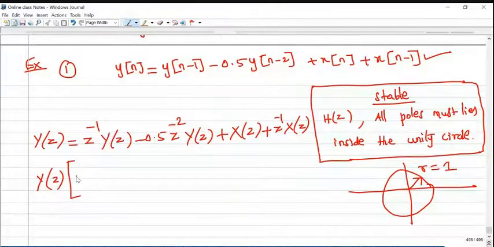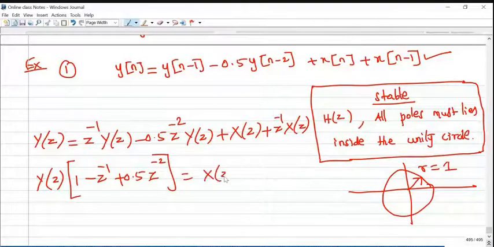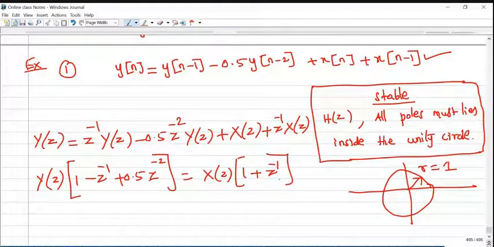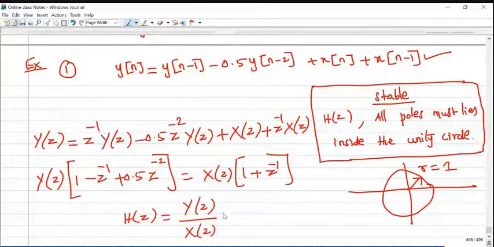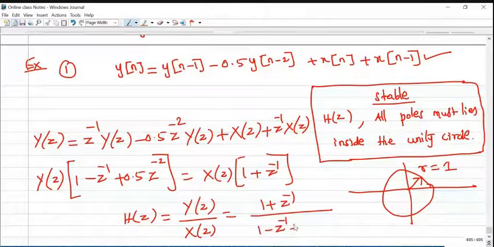Y(z) times (1 minus z inverse plus 0.5 z power minus 2) equals X(z) times (1 plus z power minus 1). So the transfer function H(z) equal to Y(z) divided by X(z), so (1 plus z power minus 1) divided by (1 minus z power minus 1 plus 0.5 z power minus 2).